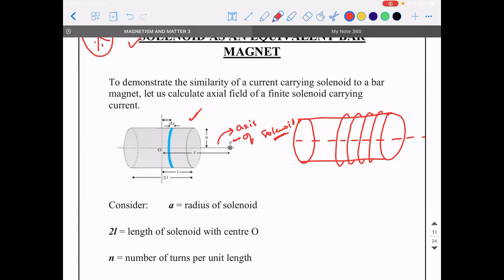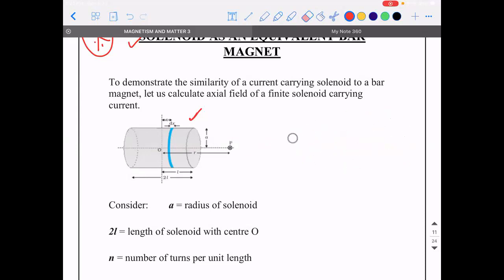So for that, listen to this very carefully. If there is any doubt, get it clarified. We will try to break it into 4 quadrants such that the center of the solenoid is taken as O, and you draw a line through that O perpendicular to this vertical axis. This line is the axis of the solenoid.